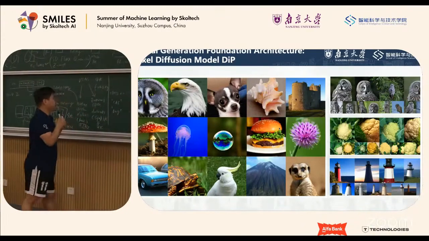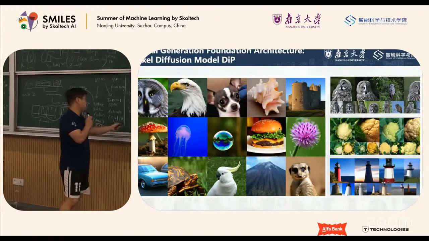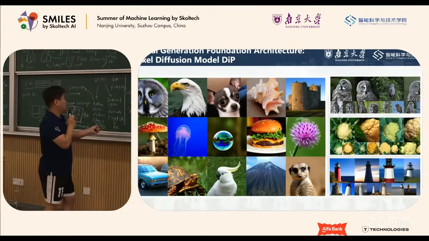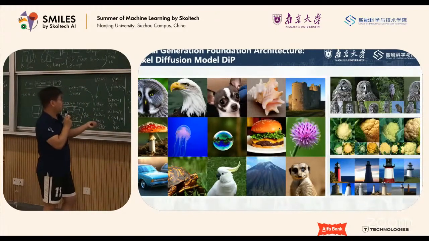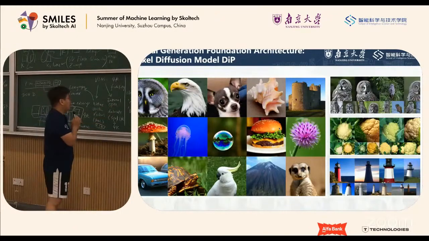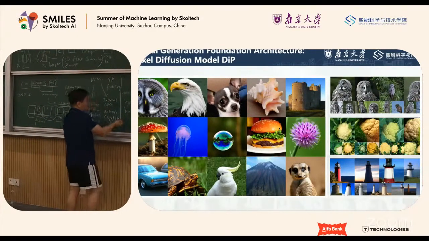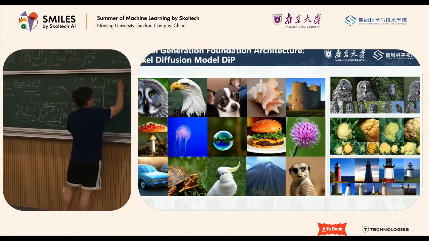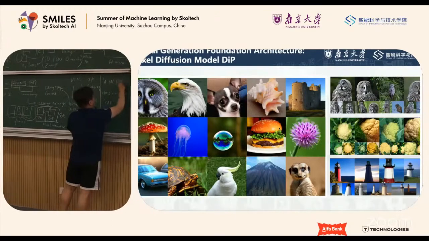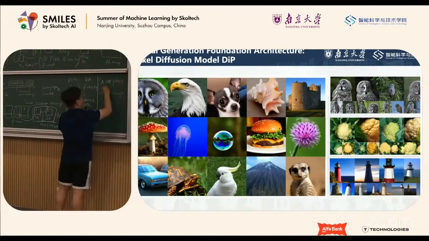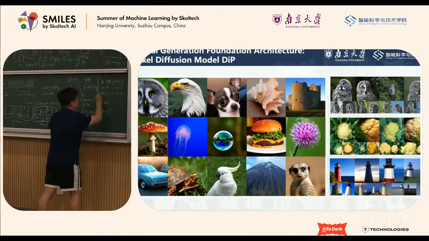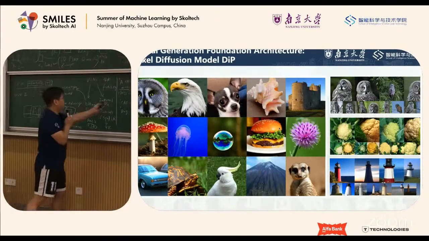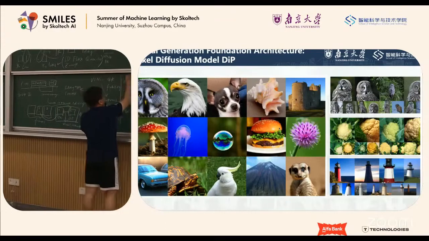So you input a dog, which is actually a class. DIP receives the dog class and generates a dog. However, DIP cannot do, for example, a cat playing with a ball. So actually, DIP cannot do this, which is actually text to image.